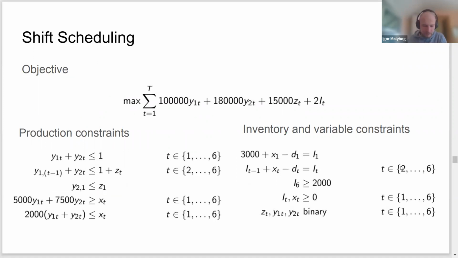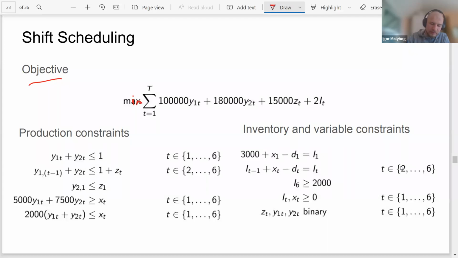But okay, so let's formulate the objective first. The objective would be to maximize the reward. Our reward is, okay, this is weird. This is not a reward. This is definitely a loss. So instead of maximizing the reward, we're going to be minimizing the loss.